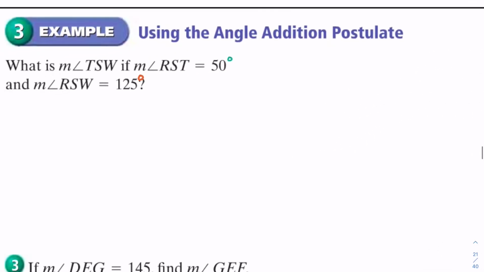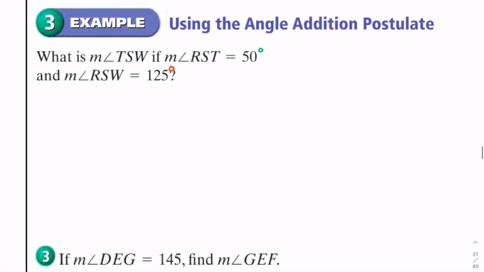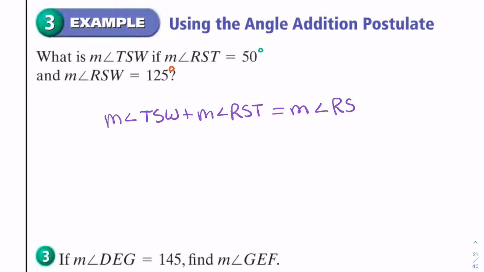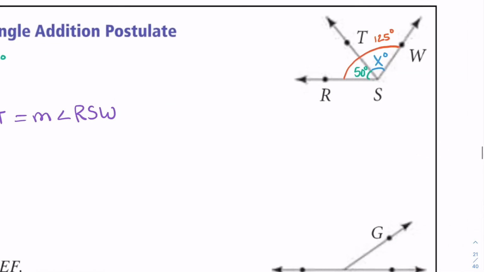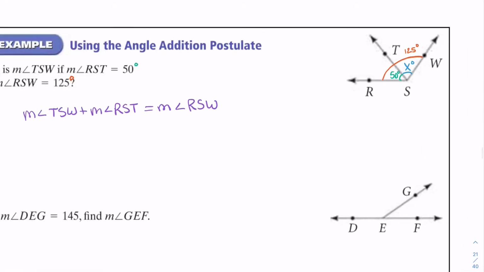So I don't want to make it too complicated, but I'm going to just say that the measure of angle TSW plus the measure of angle RST is equal to the measure of angle RSW. And I'll show you that. So TSW, this angle, plus RST, this angle, is going to be the whole thing, RSW.